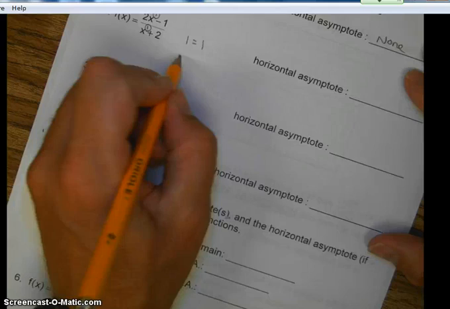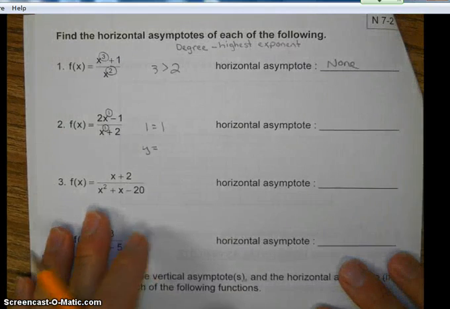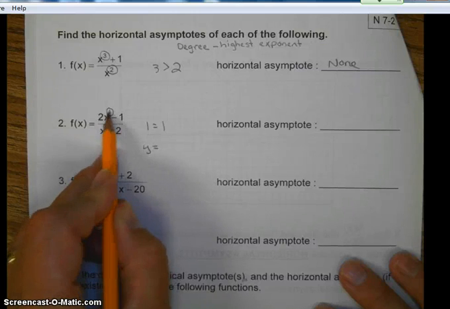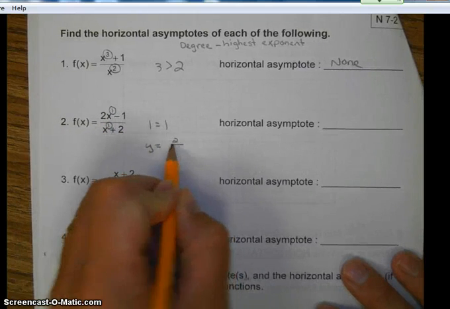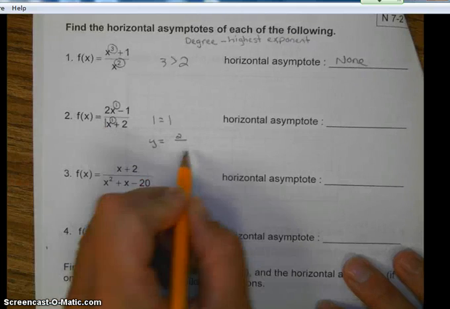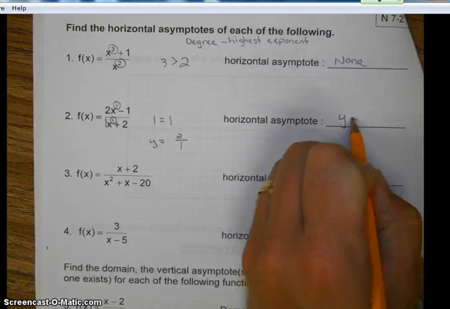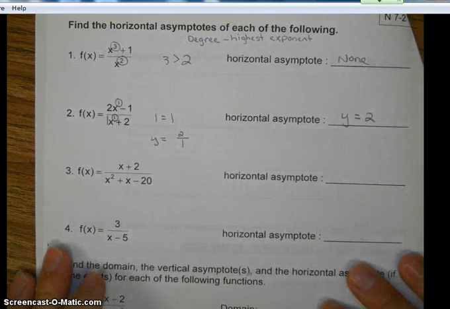So y equals a, that's going to be the coefficient on the highest powered variable. So we're going to have 2 over 1. So y equals 2 is our horizontal asymptote.